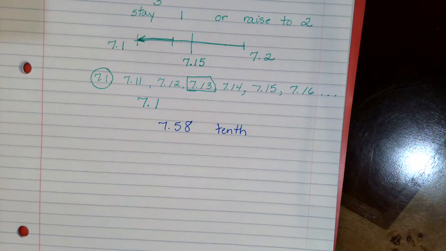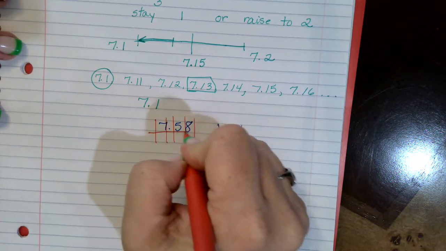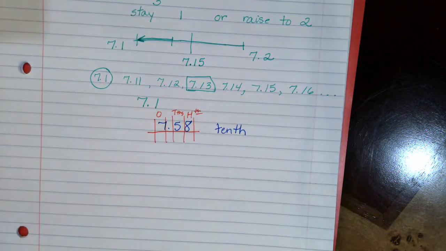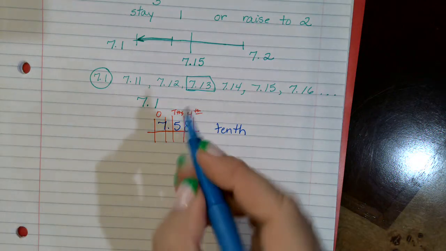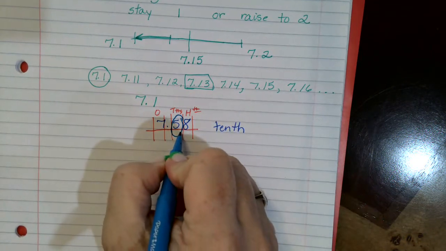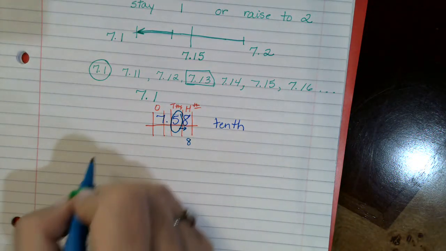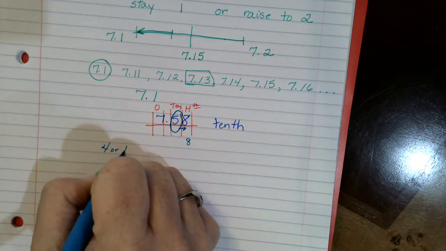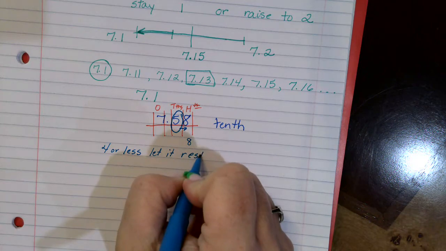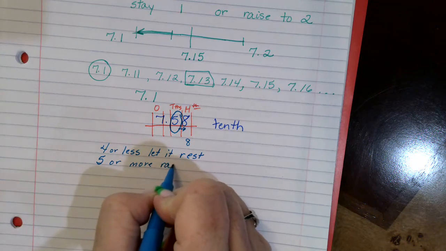If I was going to use a place value chart, this is what it would look like. Ones, tenths, hundredths. I'm going to look at the tenths because this is the place value we're rounding to. The number to the right is the place value we're using to make a decision. 4 or less, let it rest. 5 or more, raise the score.